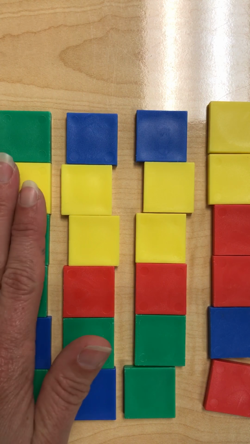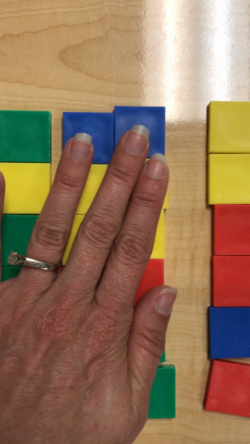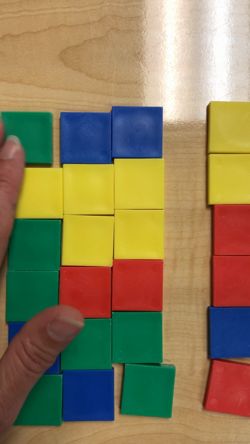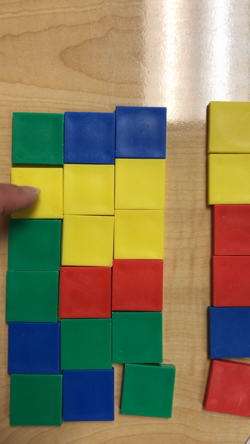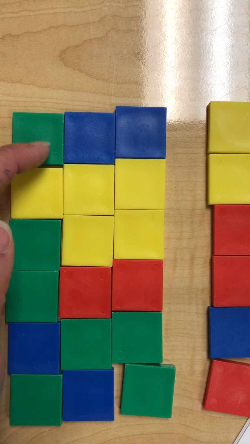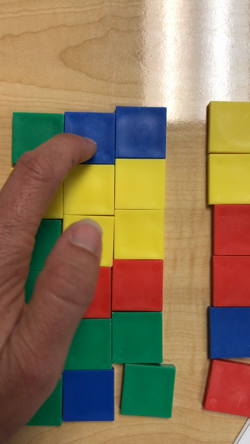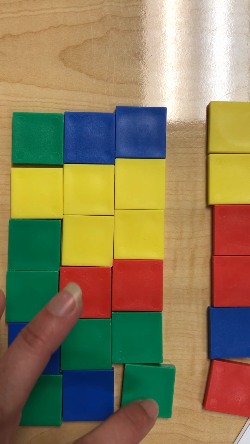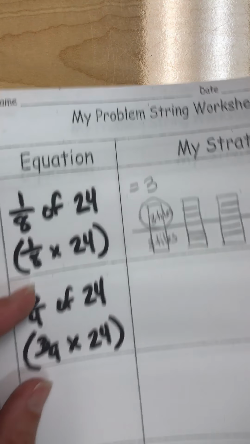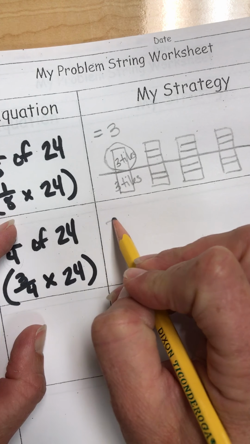So if I take 1, 2, 3, how many do I have altogether? Well, I have 6 by 3. 6 by 3 is 18. I can count too. 1, 2, 3, 4, 5, 6, 7, 8, 9, 10, 11, 12, 13, 14, 15, 16, 17, 18. So my answer is 18.